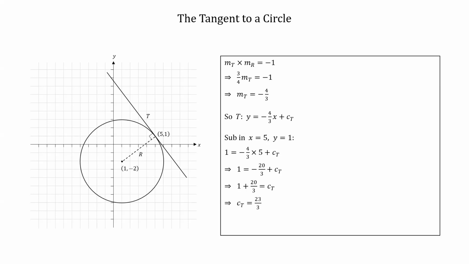And finally, this gives us that c_t = 23/3. So we have the two unknowns we were looking for, and hence we can write down the equation of the tangent line. So the equation of the tangent line T is y = -4/3 x + 23/3. And this method we use is a general method you can always use to find the tangent line to a circle at a given point.